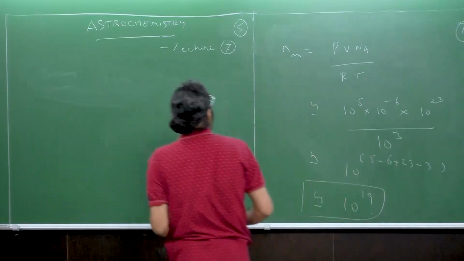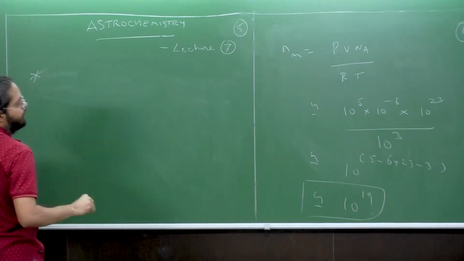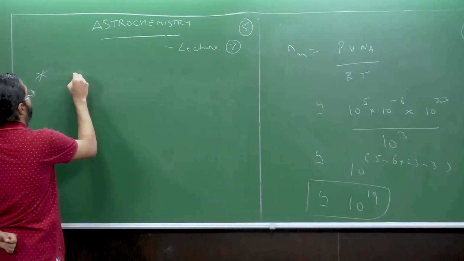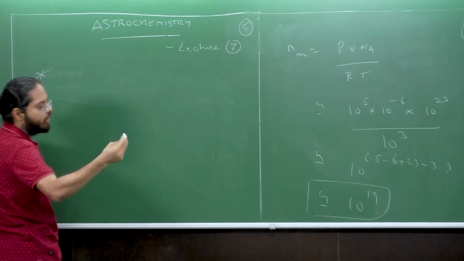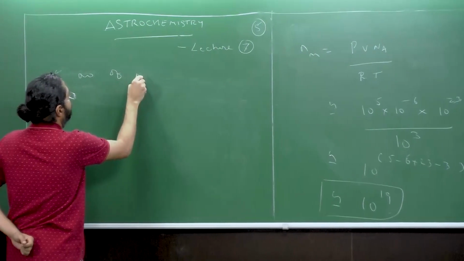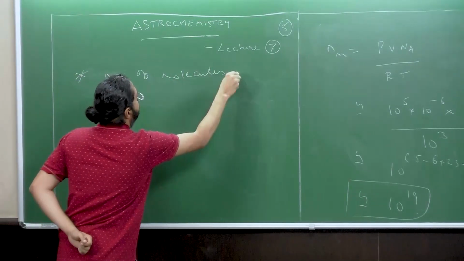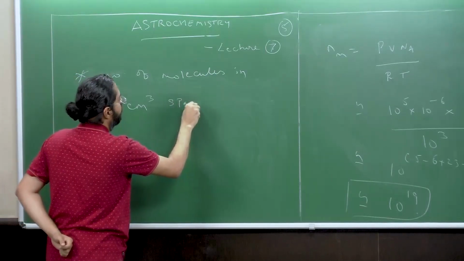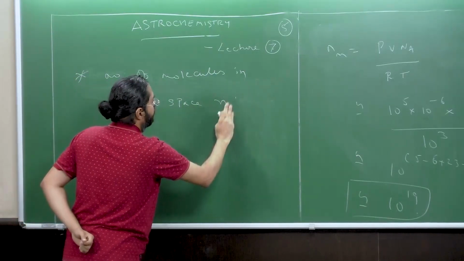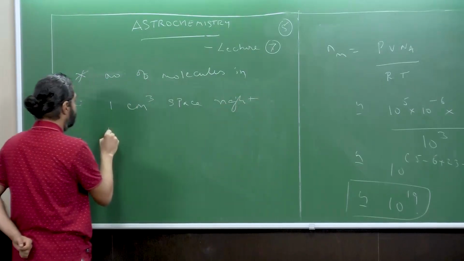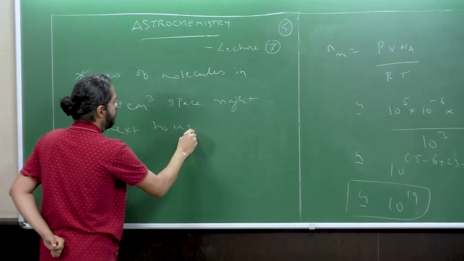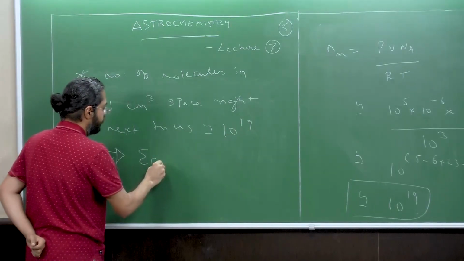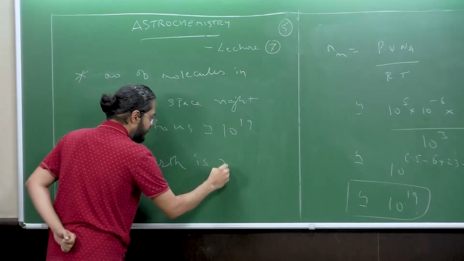Okay. Now based on this number, 10 to the power 19, the number of molecules in 1 centimeter cube space right next to us is 10 to the power 19, and the implication is that Earth is rather dense.